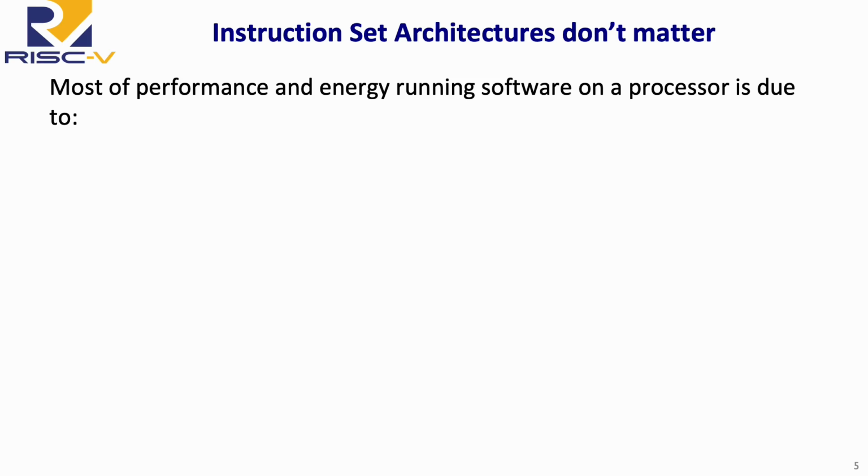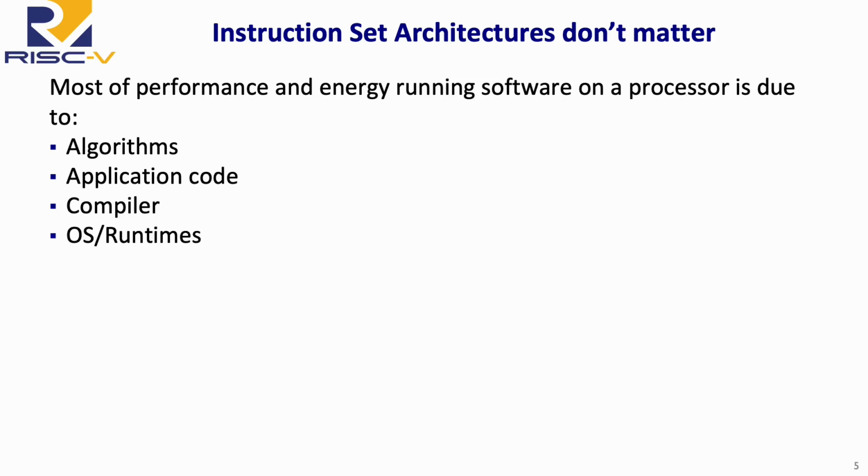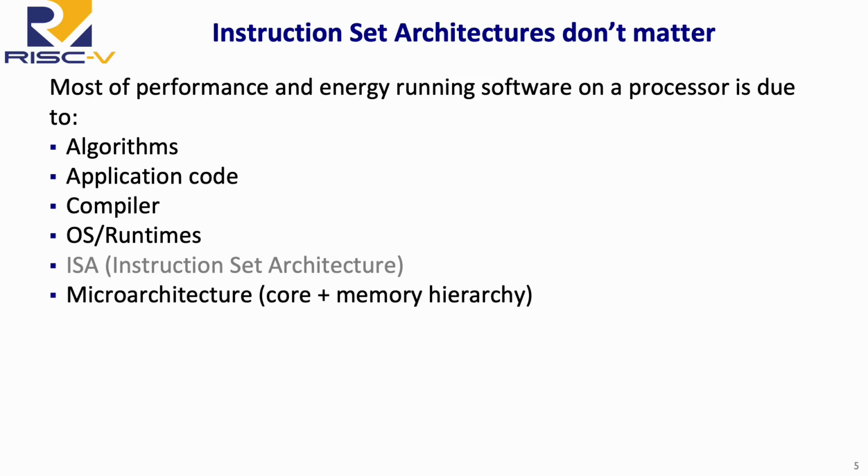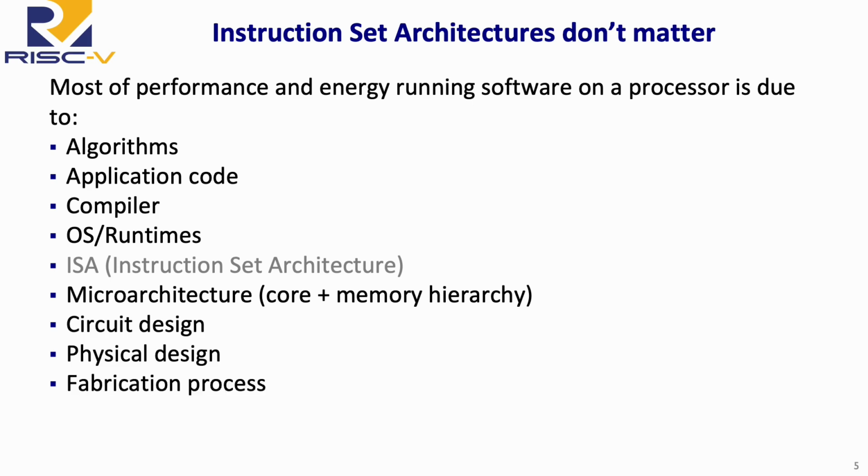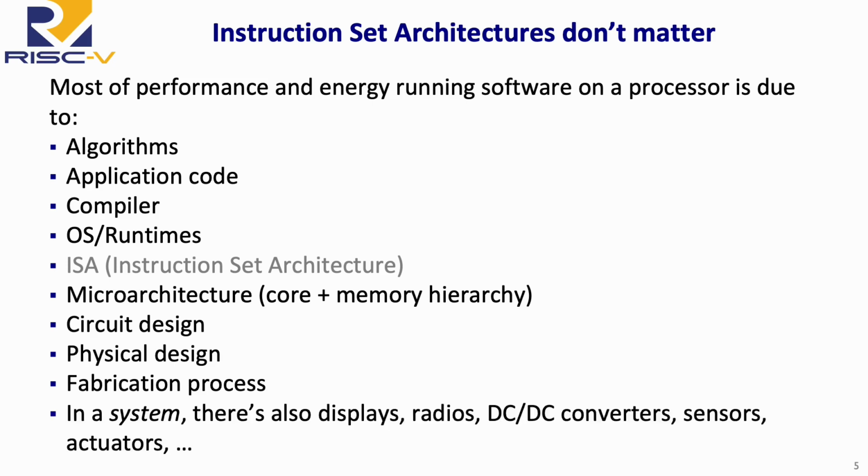Most of the performance and energy running software in a processor is due to, firstly, algorithms, application code, the compiler, the operating system and runtimes, then to some extent the instruction set, and as we work our way down the stack, we then get to microarchitecture, so how do you actually design the processor, and the memory design, and that's obviously critical for power efficiency, the actual low-level circuit design itself, the physical design, so layout of transistors and so on, the fabrication process, and in a complete system there are also really significant things like displays and radios and DC to DC converters and sensors and things.